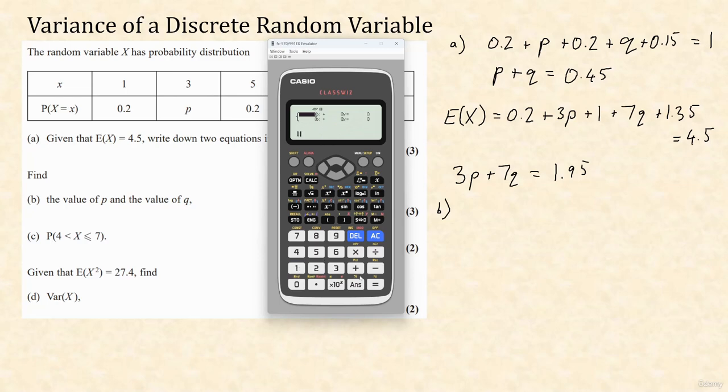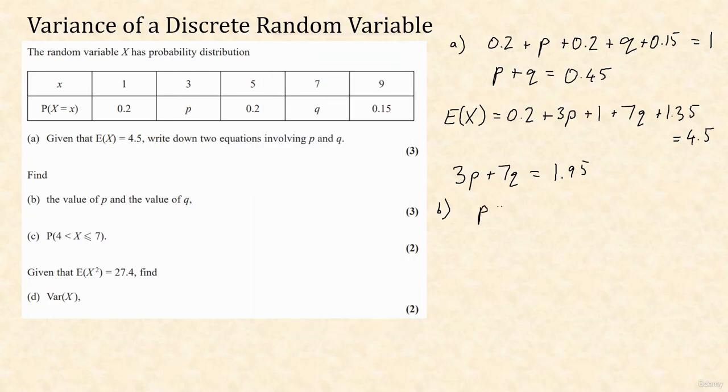So it's 1p plus 1q equals 0.45, and that's 3p plus 7q equals 1.95. The answers are p is 0.3, and q is 0.15.